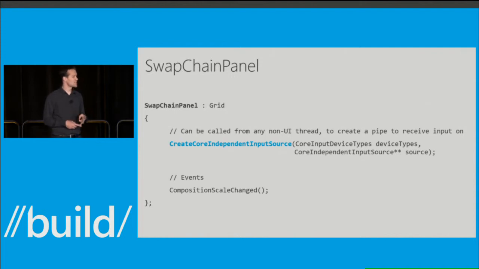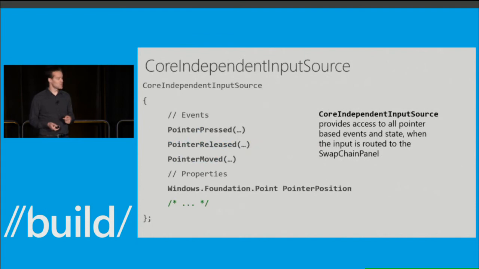You can choose just one or two or all three to be redirected to this object on the background thread. When you call this API, we'll pass you back a core independent input source. And what that type has on it is a bunch of events and properties that are all related to input processing. You'll recognize some of these are very similar to the XAML UI thread pointer events: pointer press, pointer release, pointer moved, pointer position, etc.